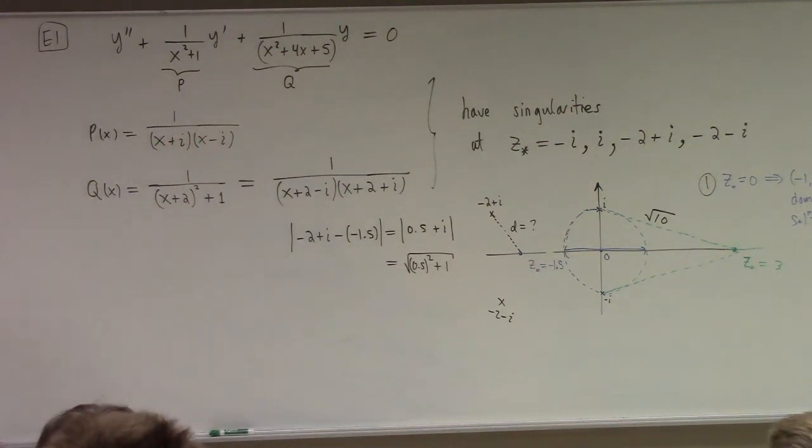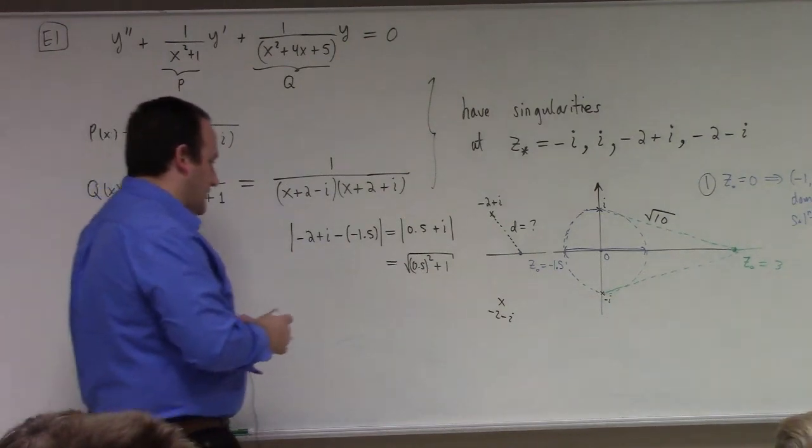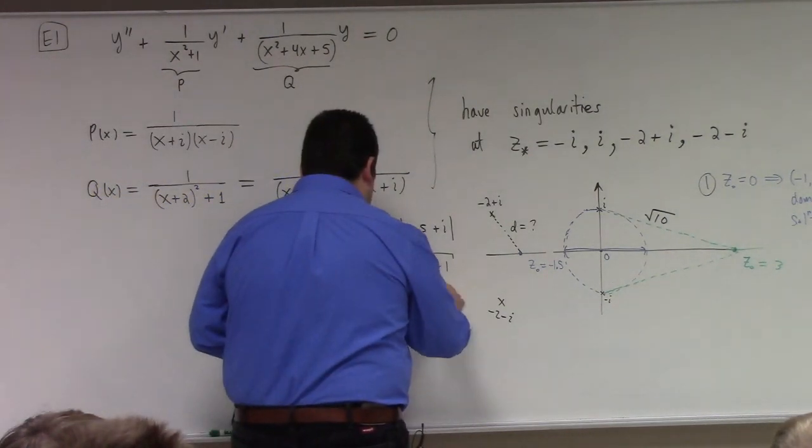That's how long that complex number is. It goes 0.5 units in x and 1 unit up. So it's the square root of 1.25.